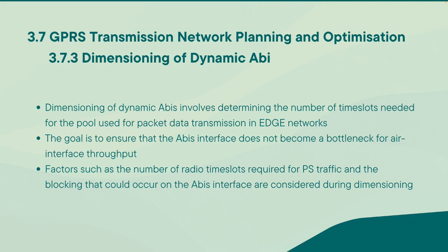The goal is to ensure that the Abis interface does not become a bottleneck for the air interface throughput, and the key factor is the number of the time slots requested for PS traffic and the blocking that could occur on the Abis interface that we consider during that dimensioning.